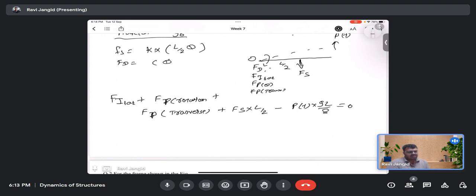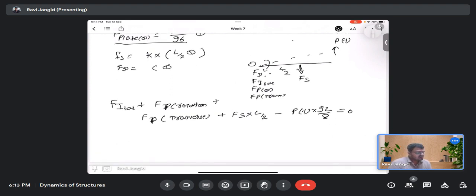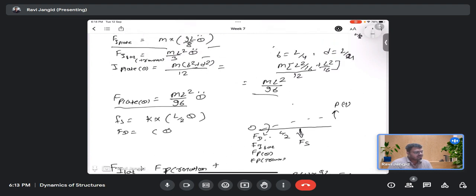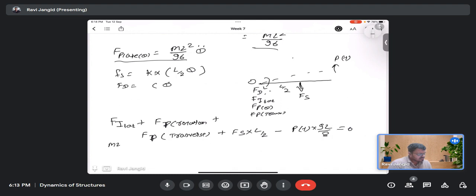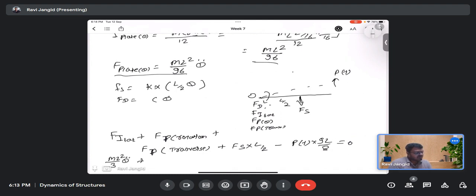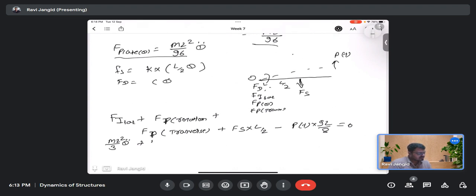Okay, so what I need to do, I need to only put those values. So what is my f I bar? ml square by 3, so that is ml square by 3 into theta double dot. Fp rotational is ml square by 96 into theta double dot.